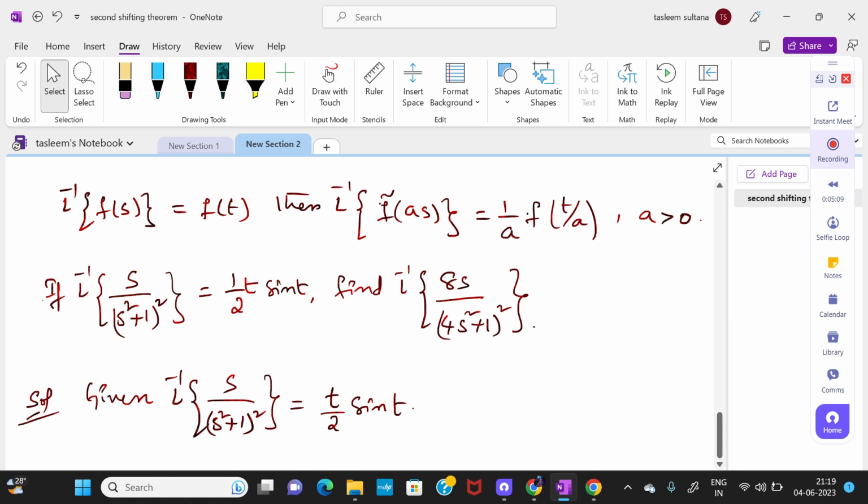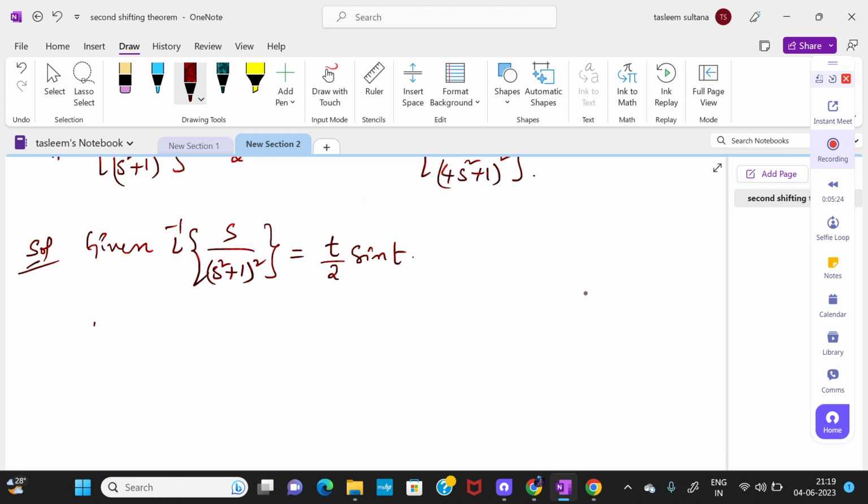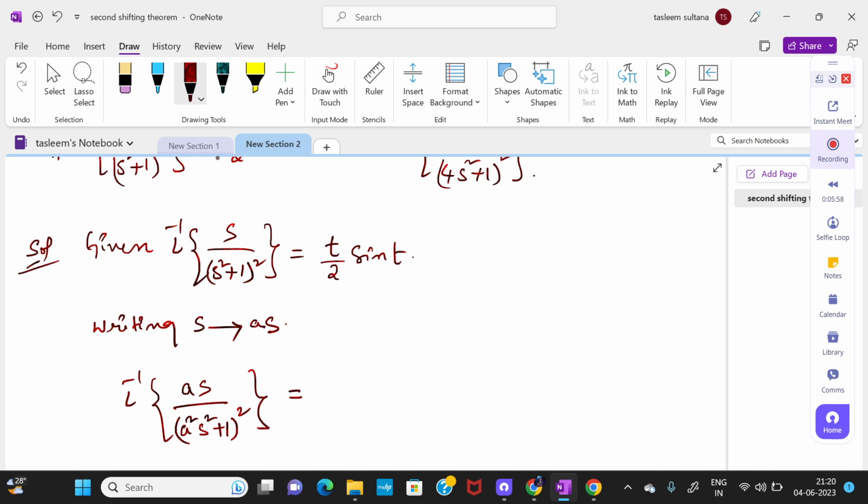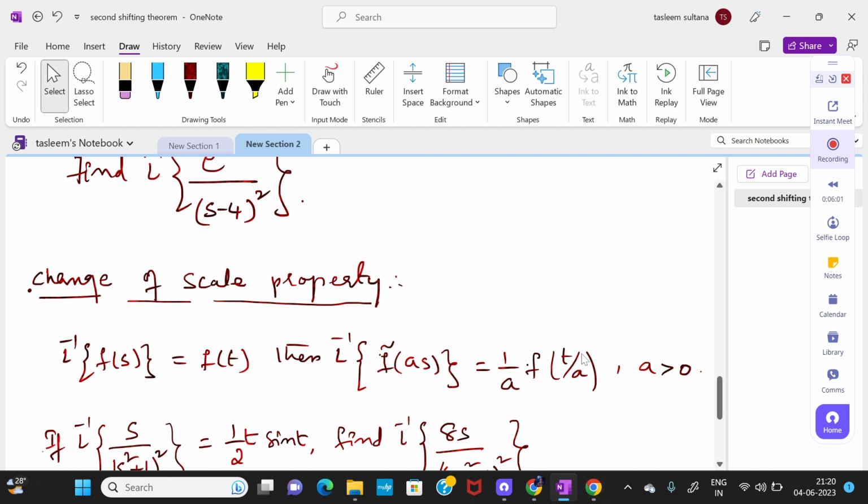I will replace s with as. So L inverse of as divided by a square s square plus 1 whole square is equal to 1 by a into f of t by a.